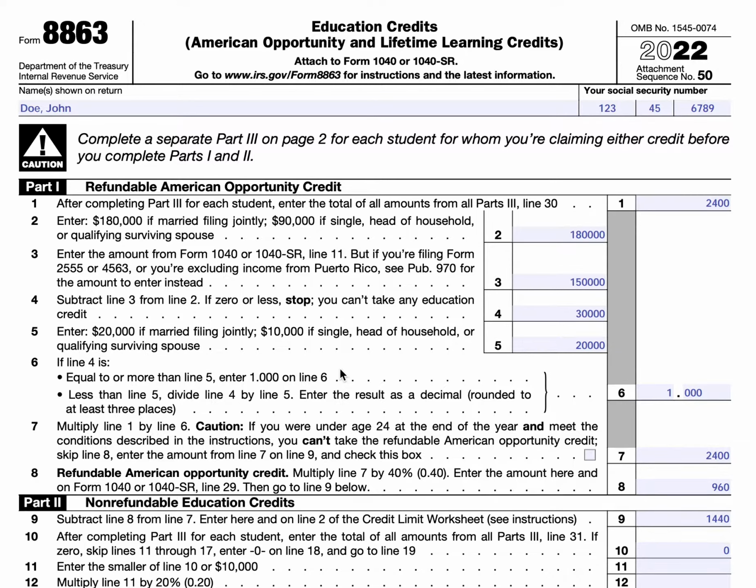Normally, if you have a $2,000 tax credit and your tax liability is only $1,000, then a non-refundable tax credit, like most are, would reduce your tax bill to zero, and then you would have a credit that's disallowed in that it can't reduce your tax liability below zero.